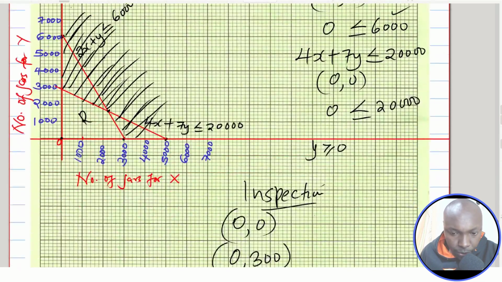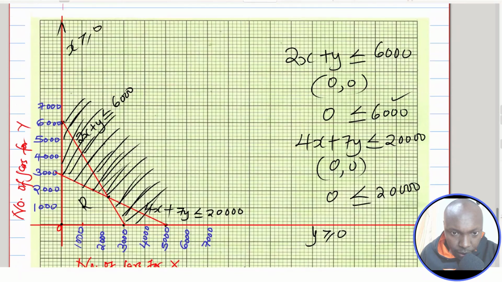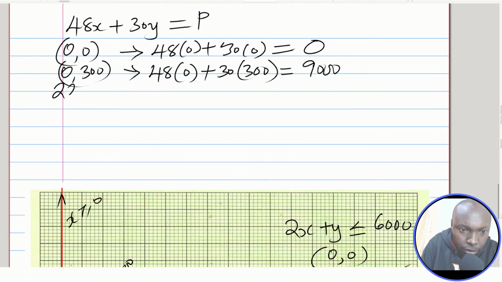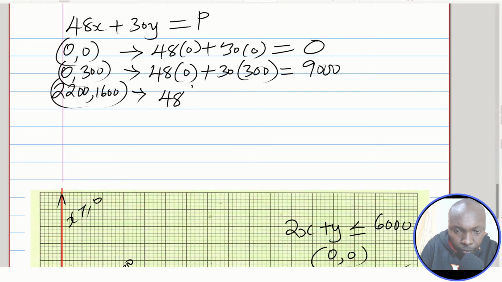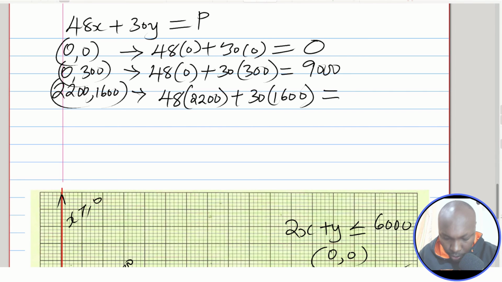Then the other point that you need to inspect is 2,200, 1,600: 48 times 2,200 plus 30 times 1,600. That is going to give 153,600.